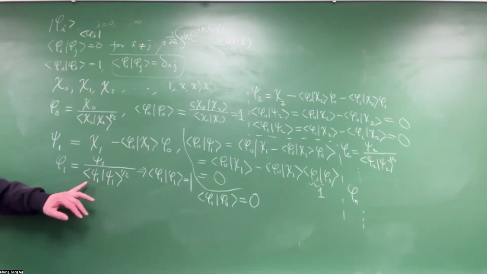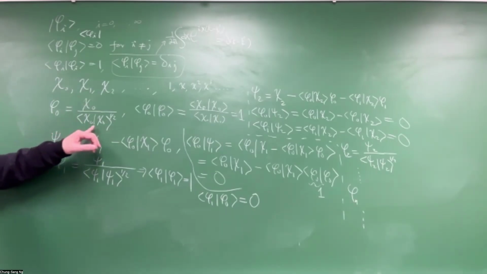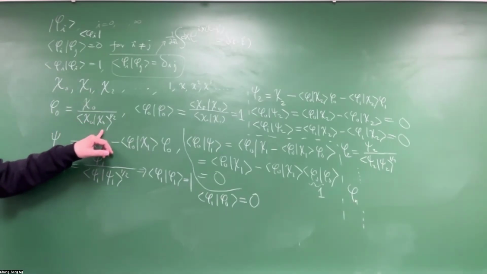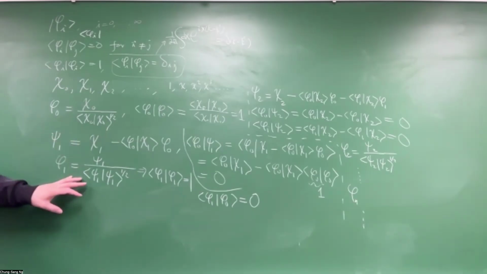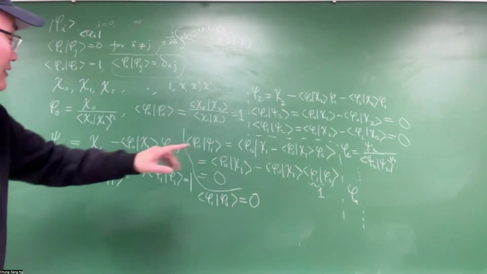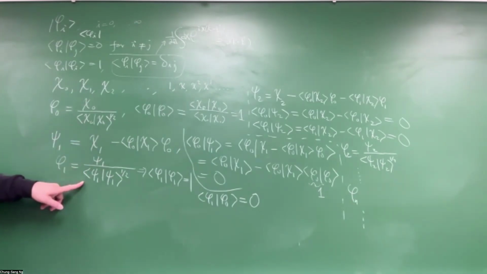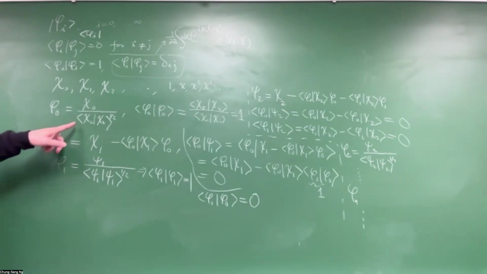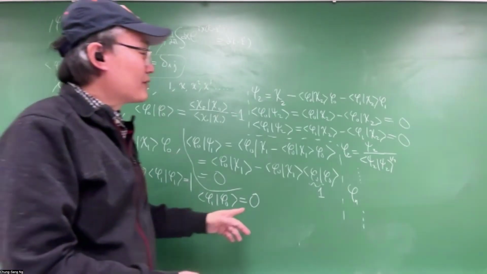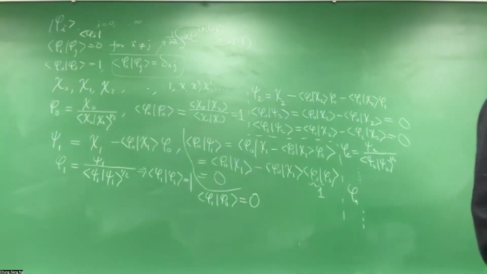And then you can get different bases for different definitions of your scalar product. In all this definition, all this calculation, we didn't specify the scalar product. We just wrote it in abstract form, the scalar product. So it depends on your scalar product.